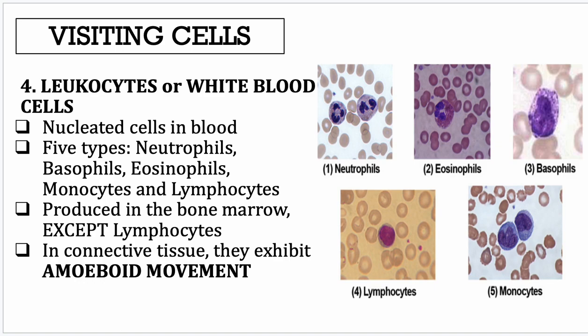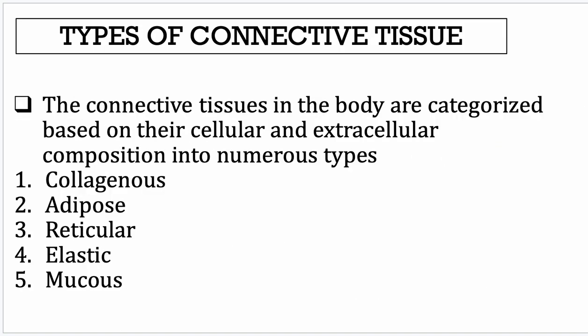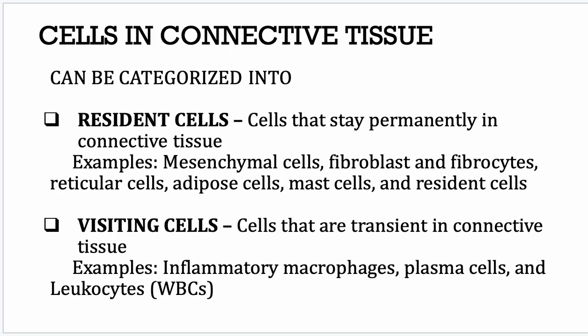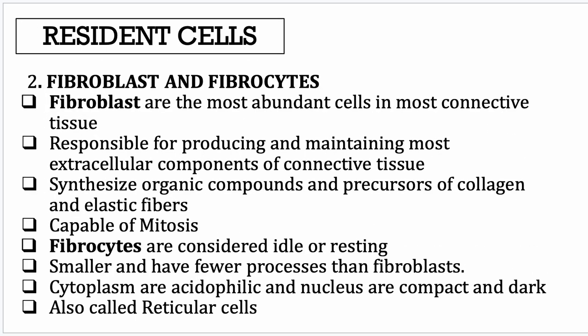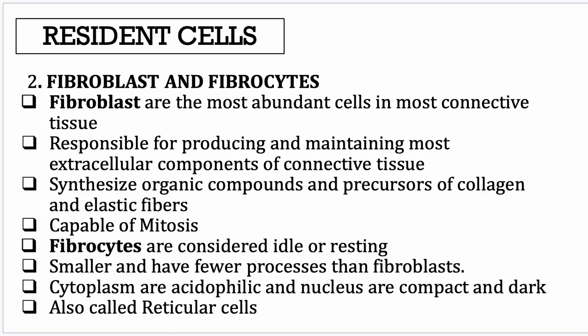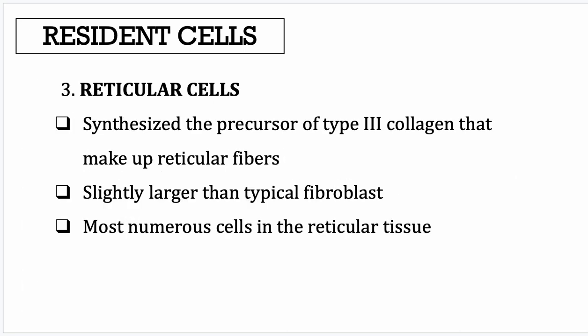And in connective tissue, they exhibit amoeboid movement. So next, guys, importante ito ha, malaman nyo, itong mesenchymal cells, no, mga ancestors. Fibroblasts, ang say difference sa fibrocytes, no, fibroblasts, aktibo, ang fibrocytes, they are idle or resting lang.